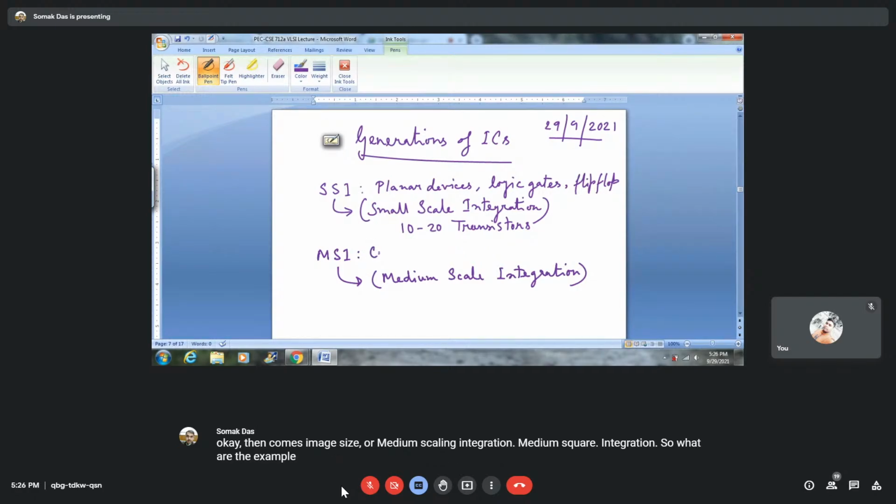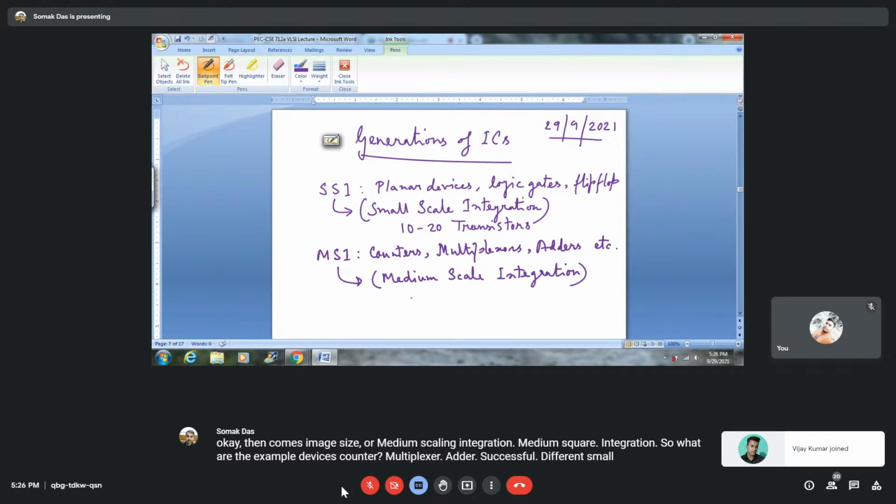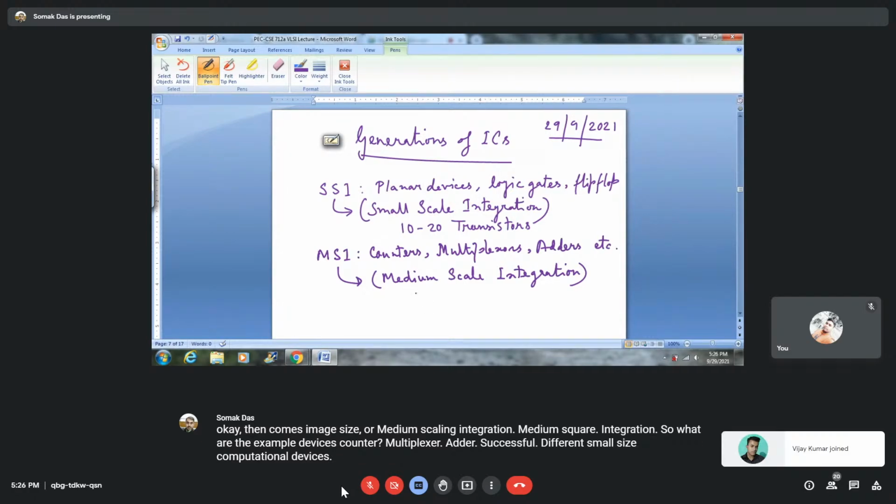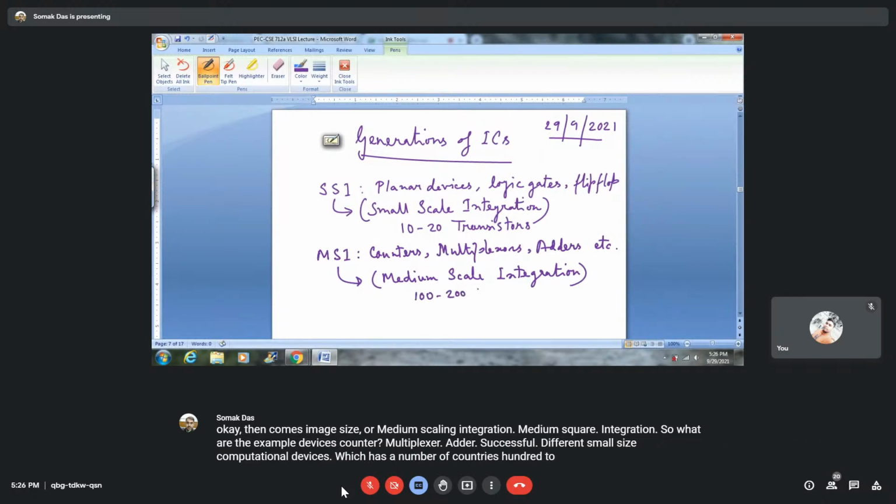Counter, multiplexer, adder, etc. So different small sized computational devices which have 100 to 200 transistors.